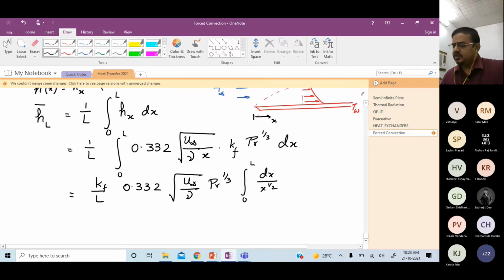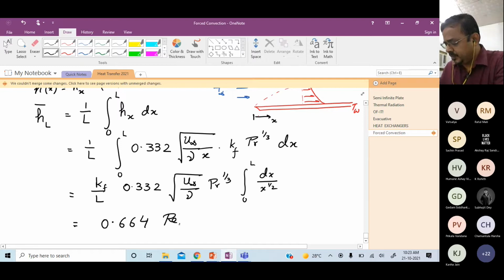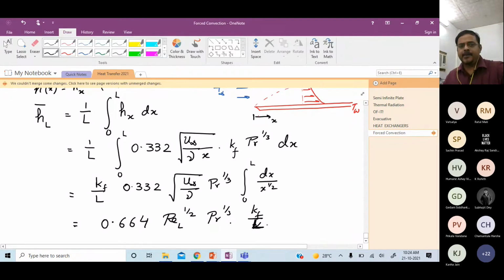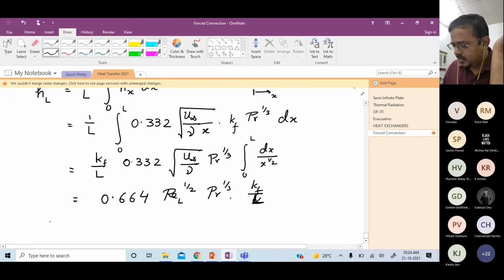So what is this, x to the power minus half? If you integrate it, it becomes x to the power half divided by half, so it becomes 2. And what you therefore get is 0.664 Reynolds L to the power half Prandtl to the power 1/3 kf over L. Okay, or Nusselt L is 0.664.